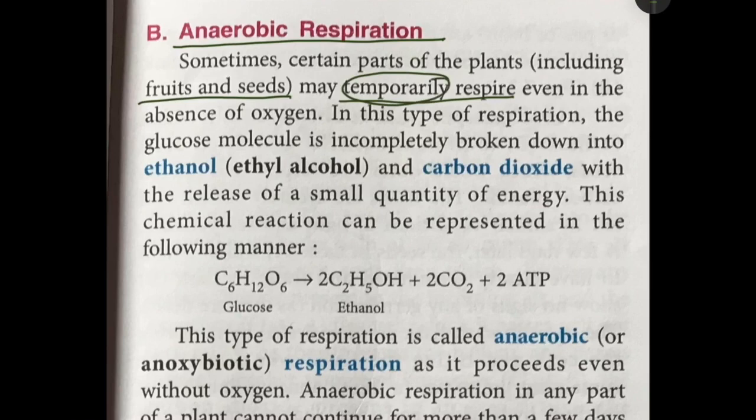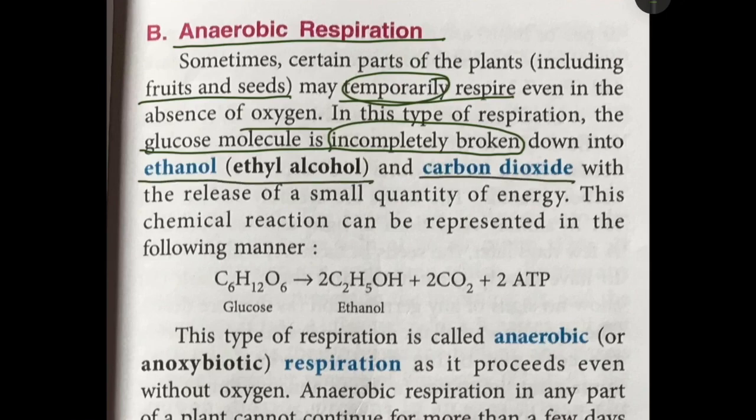Temporarily means only for a short duration of time, even when it does not receive oxygen. So in this type of respiration, the glucose molecule is incompletely broken down. It is not completely broken down. Okay, so it is incompletely broken down into ethanol, also known as ethyl alcohol, and carbon dioxide. And a very small amount of energy is given out.